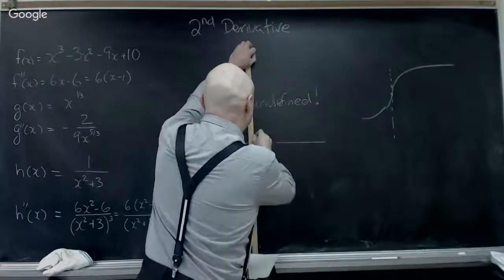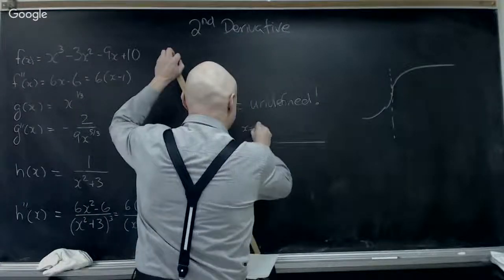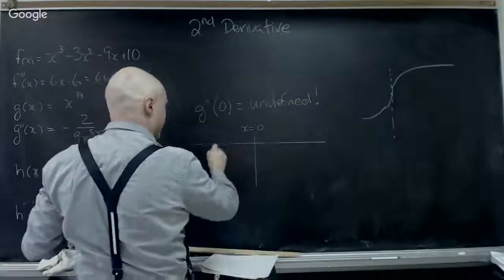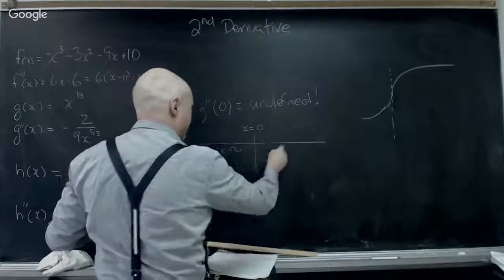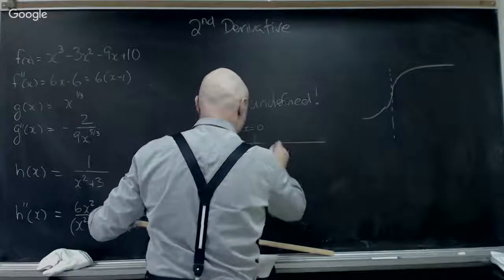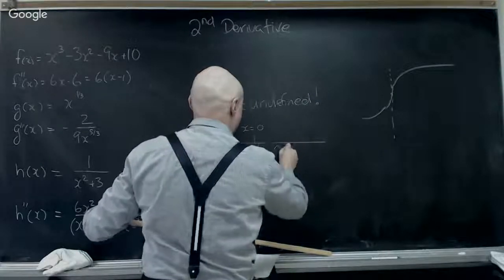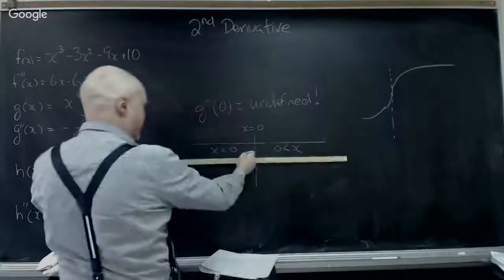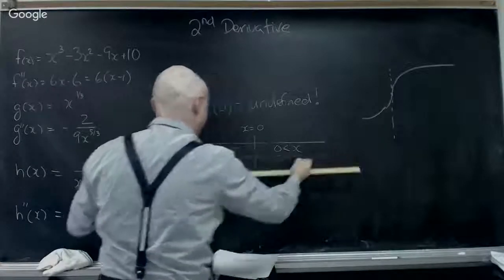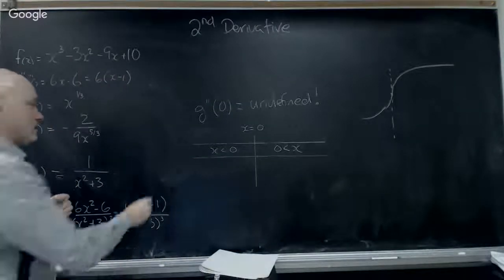And so our point where exciting stuff happens is when x is equal to 0. And so we want to look at the case where x is less than 0, and the case where x is greater than 0, and examine the sign as we go through there.